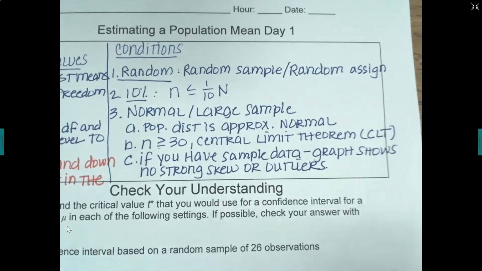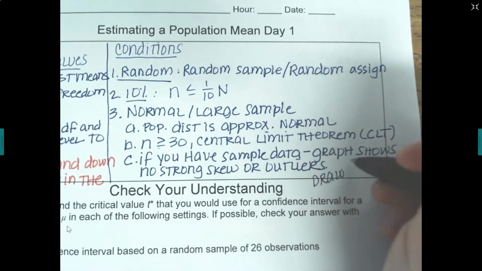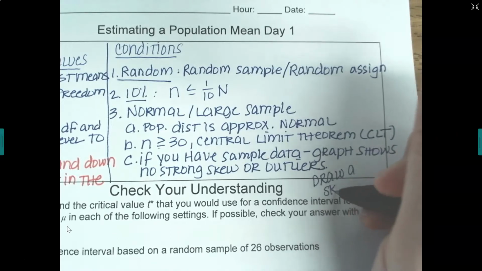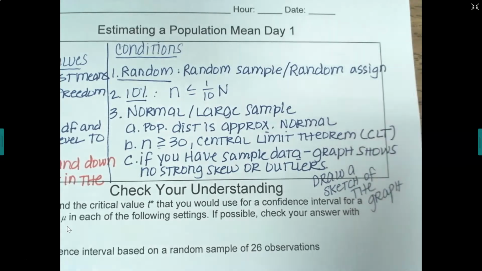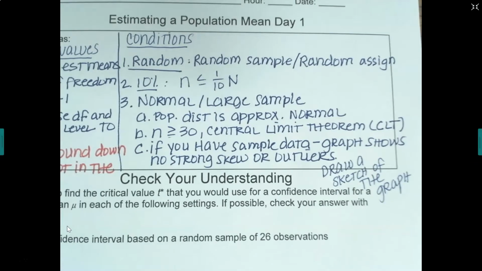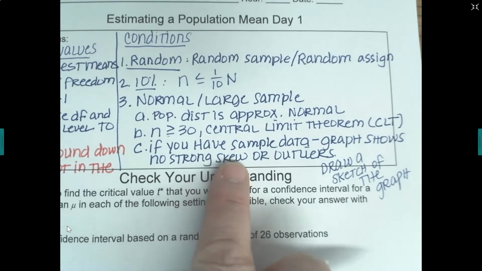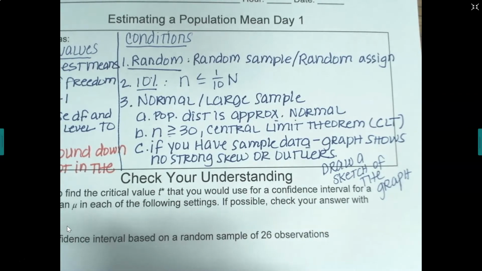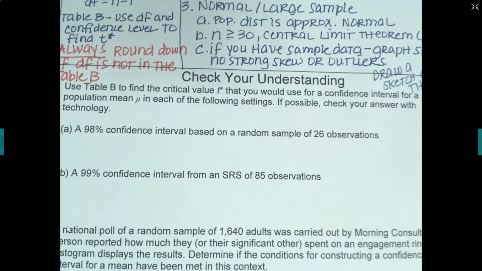And you would have to draw a sketch of the graph as part of this. Because it'd be like having a naked number otherwise. You can't make a statement. You have to have some evidence of it. So if you're forced to do this last thing, you would have to draw a quick sketch of the graph that you investigated. All right, go ahead and try the check your understanding.